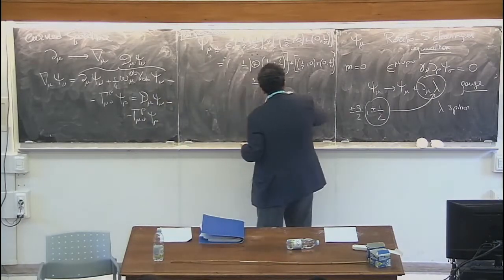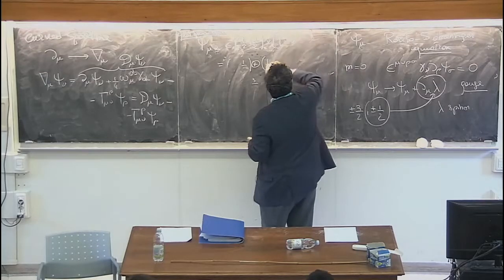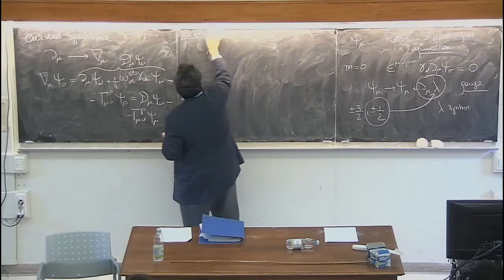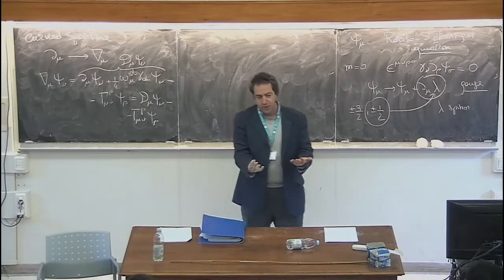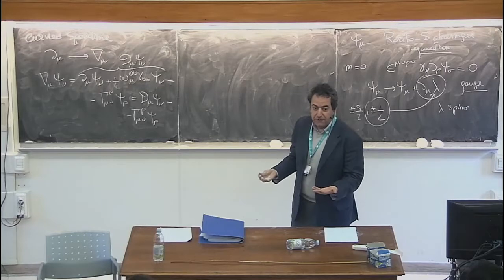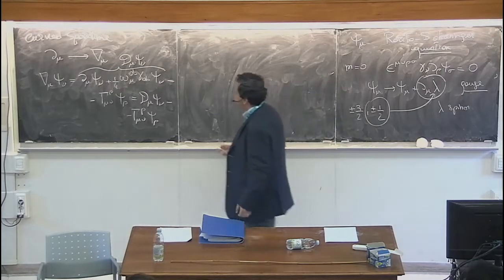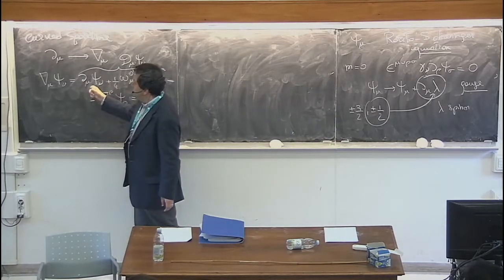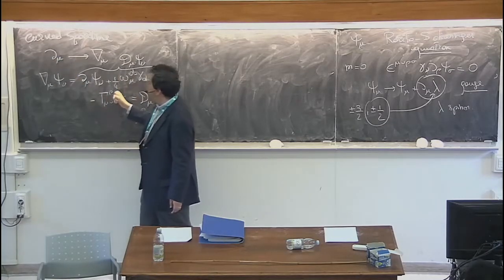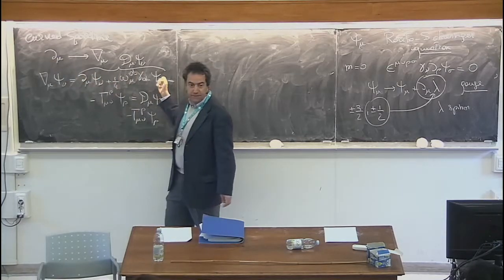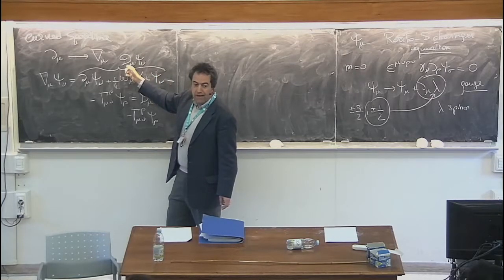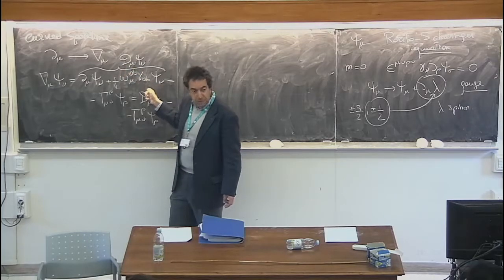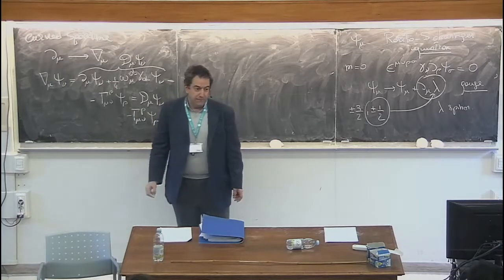Now, it turns out that the most appropriate choice for the construction of the supersymmetric action is to replace the ordinary derivative not by the most general covariant derivative, which I've written here, but just by the covariant derivative with respect to the spin connection, omitting the Christoffel symbol.